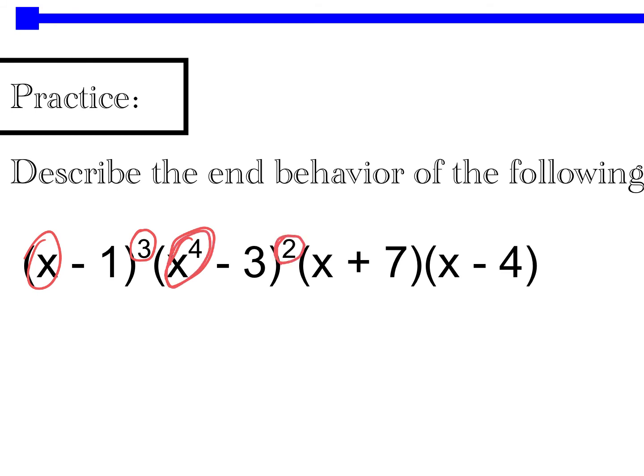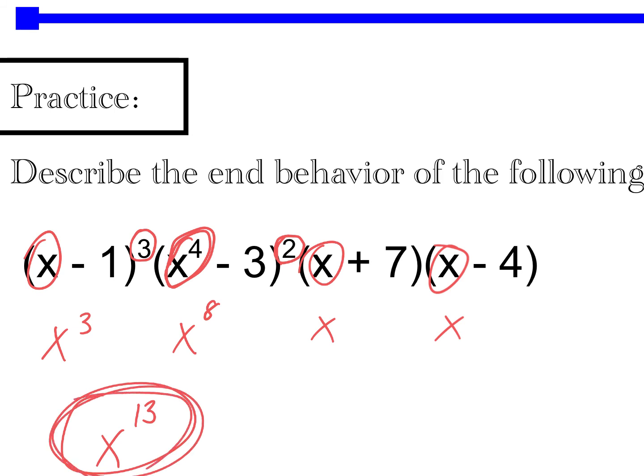Do you see what I did there? This is an x and this is an x. So x to the third times x to the 8th times x times x. Put it all together. x to the 8, 9, 10, 11, 12, 13, x to the 13. That's pretty rough.